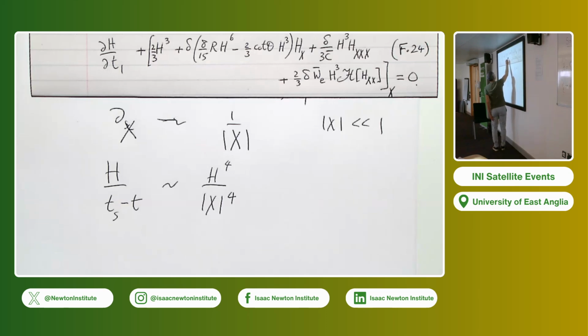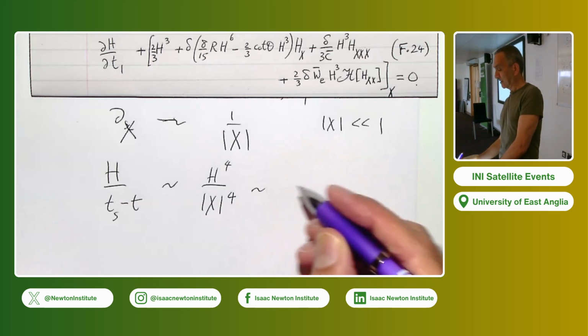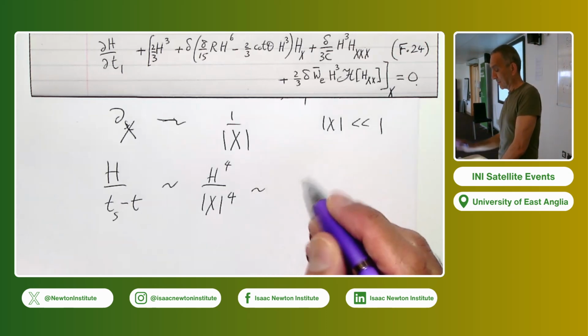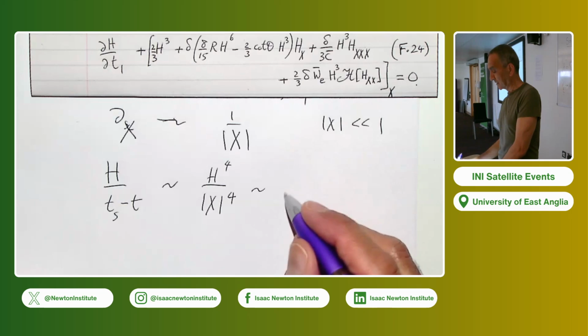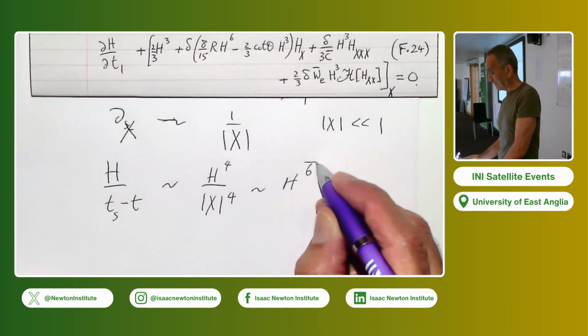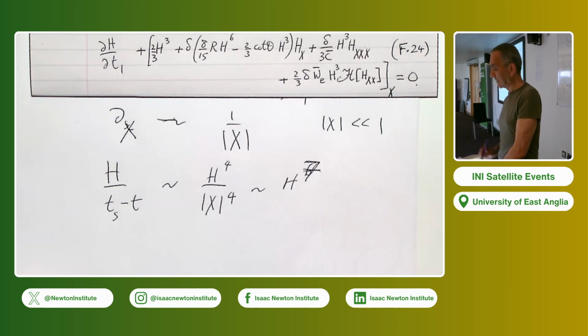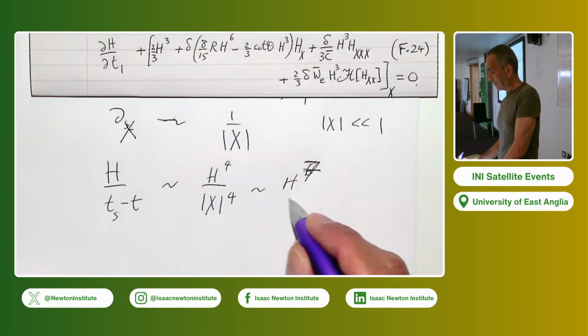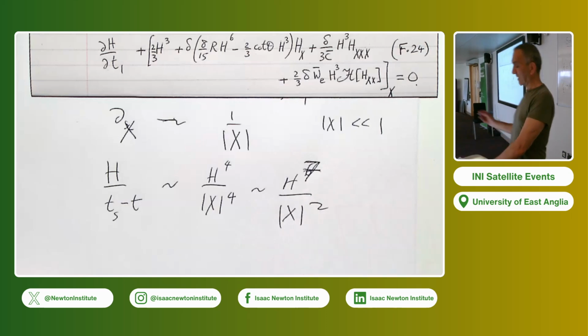So this term is then bigger also than everything else, or as big as everything else. So the other term that will come in is, and I'm ignoring the deltas and all these things, h to the power 7 over absolute x squared.